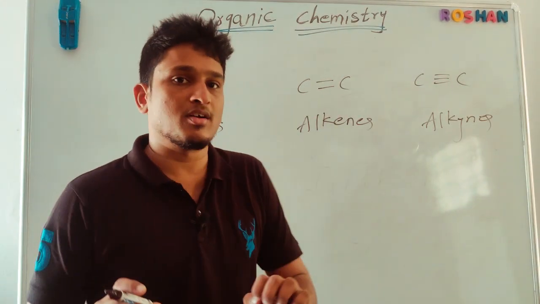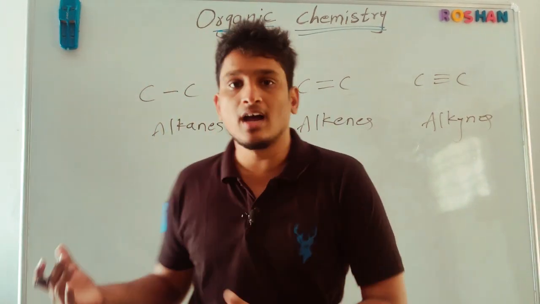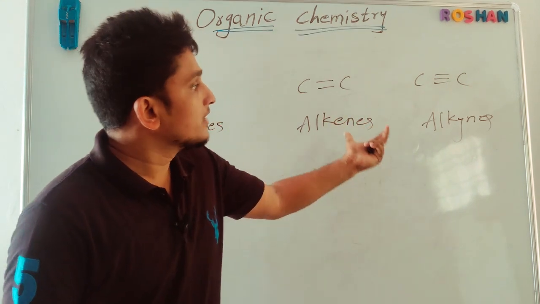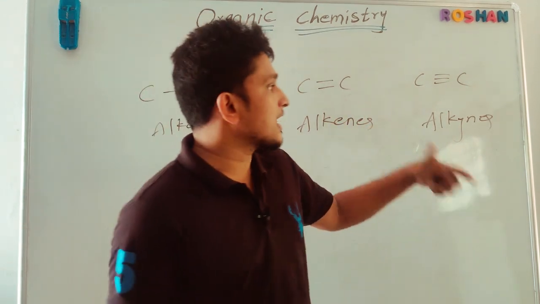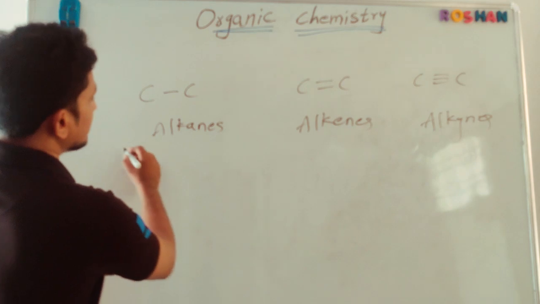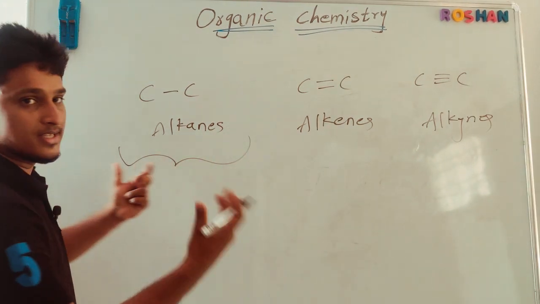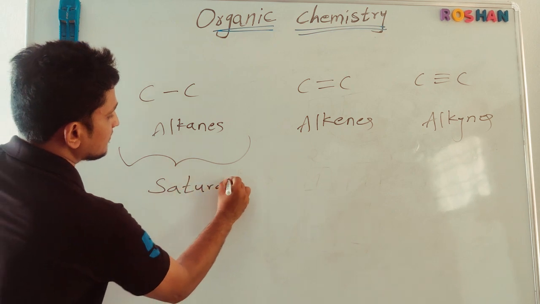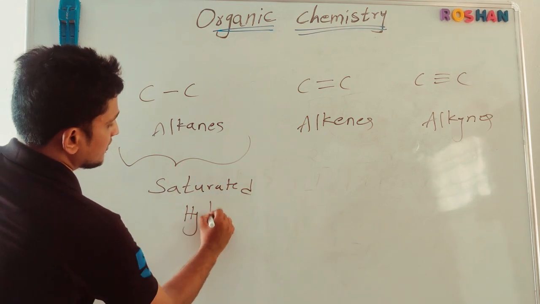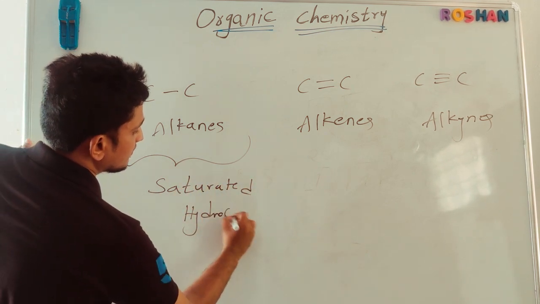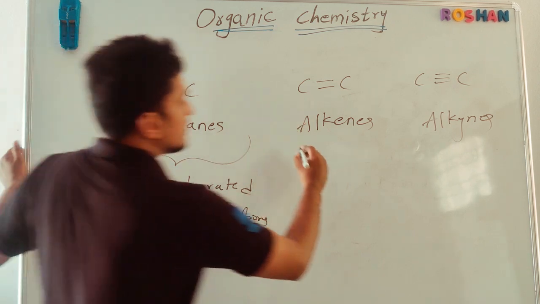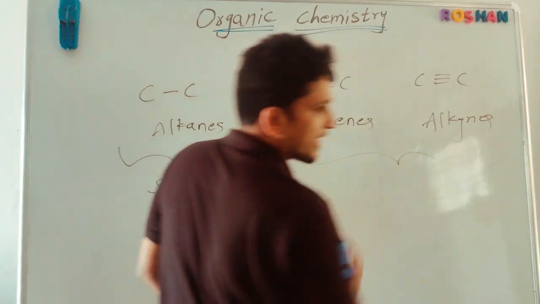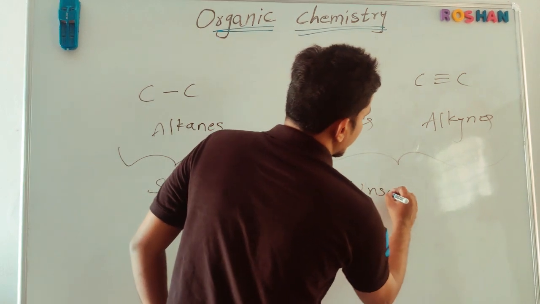Single bonded compounds are called alkanes, double bonded compounds are called alkenes, and triple bonded compounds are called alkynes. We have one more category. The single bonded carbon compounds are called saturated hydrocarbons. And the double bonded and triple bonded organic compounds are called unsaturated hydrocarbons.